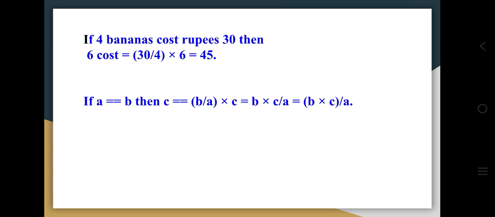That is, if that entity increases, the other one also increases. Using this, we discuss some more problems on simple interest.